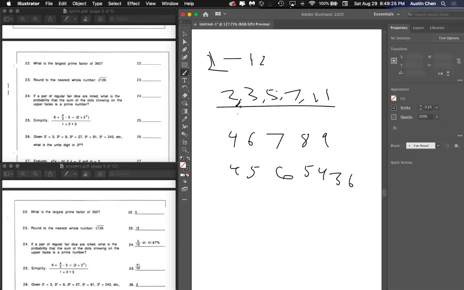So 2 has 1 possibility, 3 has 2 possibilities, 5 has 4 possibilities, 7 has 6 possibilities, and 11 has 2 possibilities. Add these up, you get 15. So it should be 15 over 36, the total number of possibilities, or 5 over 12.